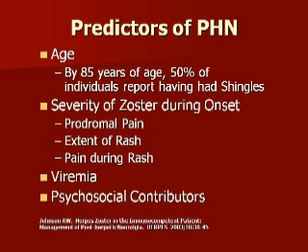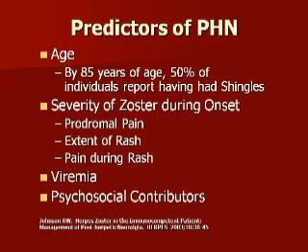If the prodromal pain, that is the pain prior to the outbreak of the vesicles, is severe, if the rash is extensive and very severe, and if the pain during the rash is very severe, these are said to be predictors of those who are more likely to have post-herpetic neuralgia than those who don't.